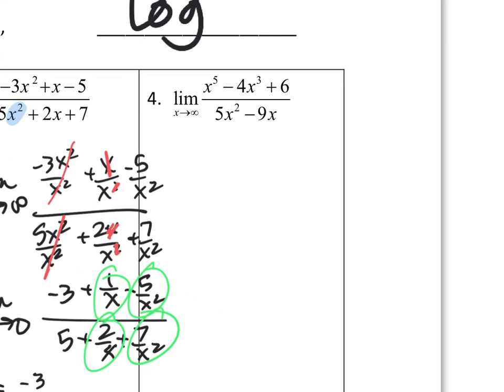All right, on to our last example. So again, this is a power one, and our largest power, or highest power in the denominator is the x squared. So we are, again, dividing every term by the x squared.